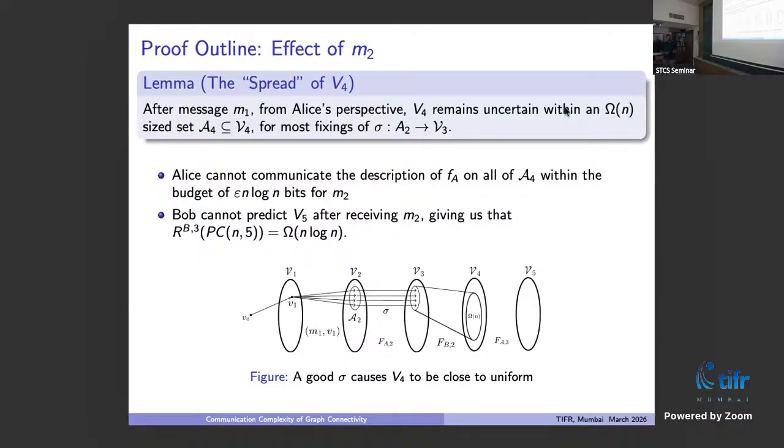And somehow handling this requires a bit more work. If they are a product, then it's slightly easier, but because they are correlated, we need to account for that. So every time Bob sends a message, in this case there's only one message, it correlates all the FBs. Because for some FBs that occur here, only certain FBs can occur. Okay, and one needs to be careful about handling this.